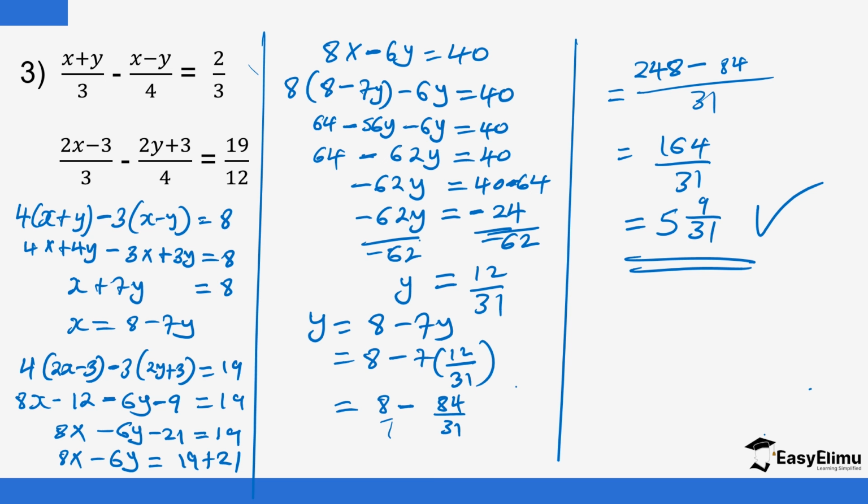So x is that and y is that. So this one here is x, it's x that we are substituting. So x is 5 and 9 over 31, and y is 12 over 31.